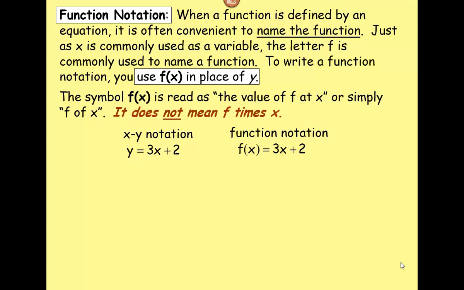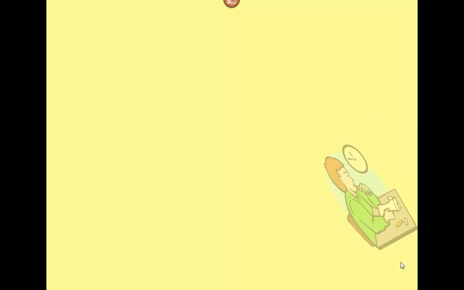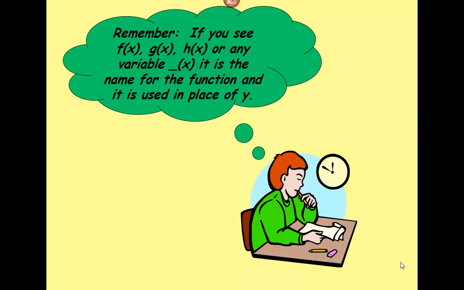If we graph these on a graphing calculator or a program, we would see that they graph exactly the same. So, what we want you to do is if you see f of x, g of x, h of x, whatever the letter is, out in front of the x in the parentheses, that's just the name of the function. Remember, that function is just the rule that tells us how to get from an input x to an output f of x.